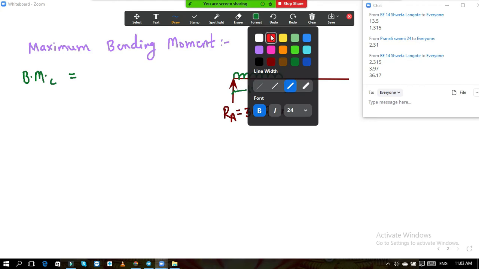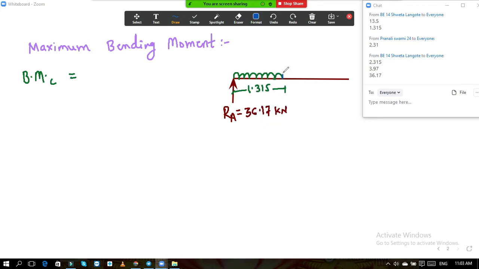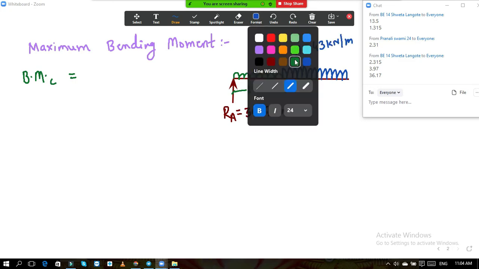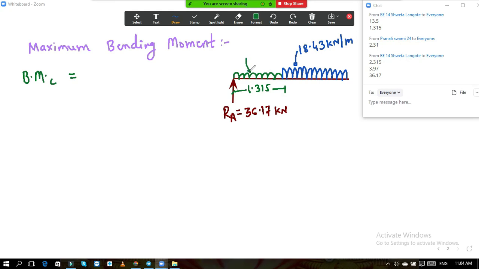After a certain point, it again changes. The UDL is like this, and the value of this UDL is 18.43 kilonewton per meter, and the value of this load is 13.5 kilonewton per meter.